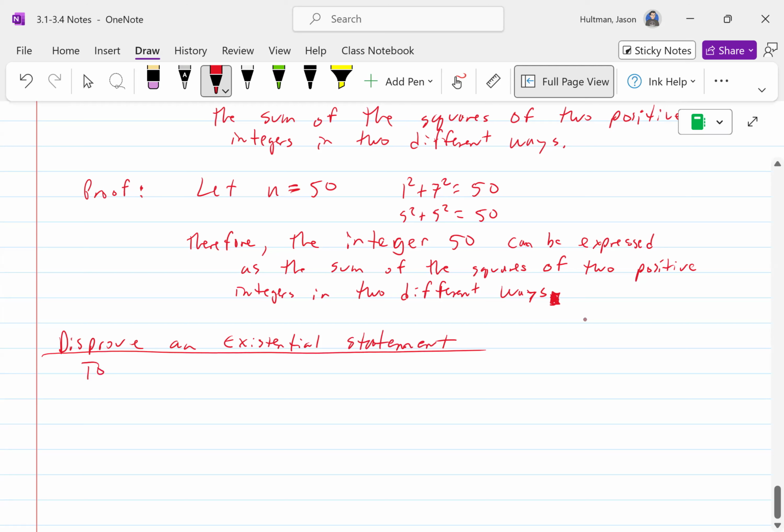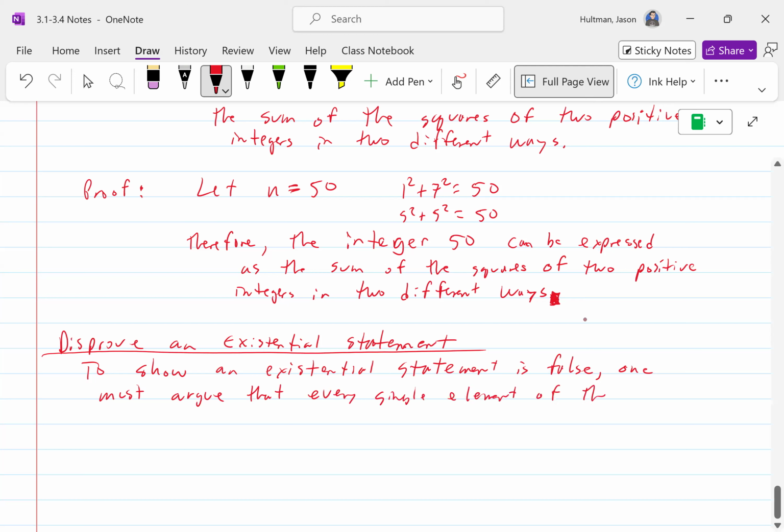To show an existential statement is false, one must argue that every single element of the domain does not have the required properties.